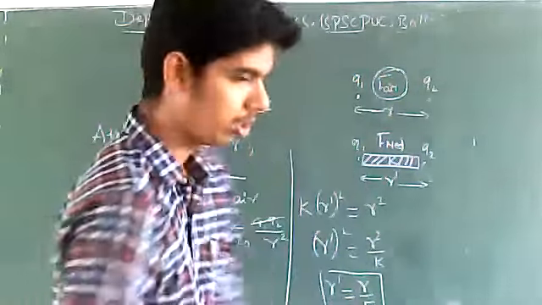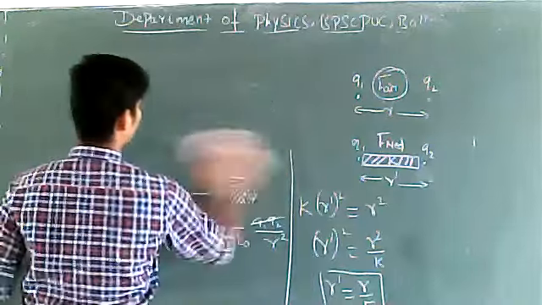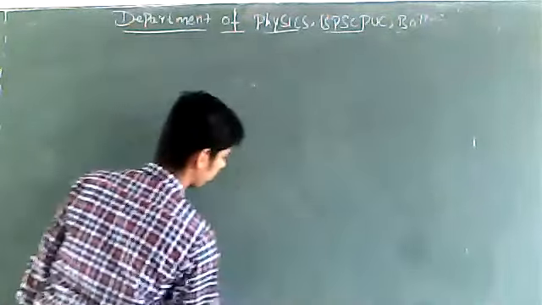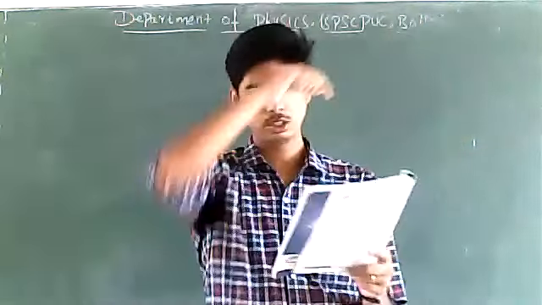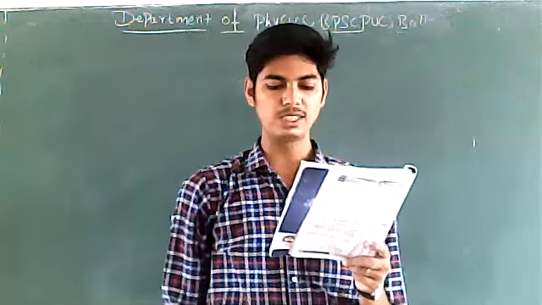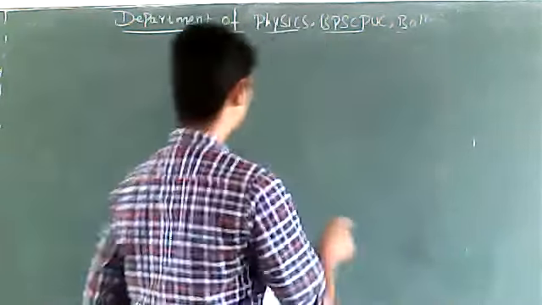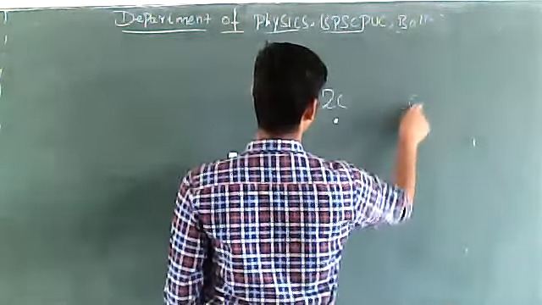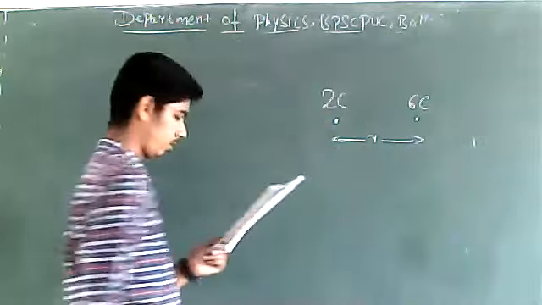Next problem. Two charges, 2 coulomb and 6 coulomb, are separated by some finite distance, say r.